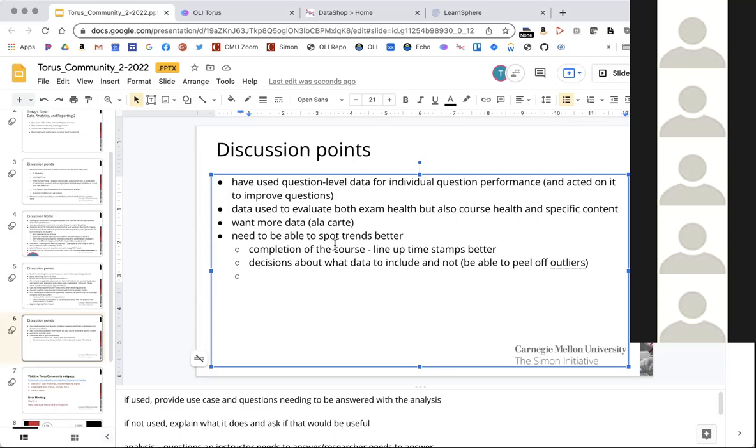Being able to see better completion and participation metrics, and to line up timestamps better. I think that's the best way I could put it. Have some sort of visual that actually shows you participation and get that data in some specific way. And then decisions about what data to include or not, being able to peel off outliers from the data.